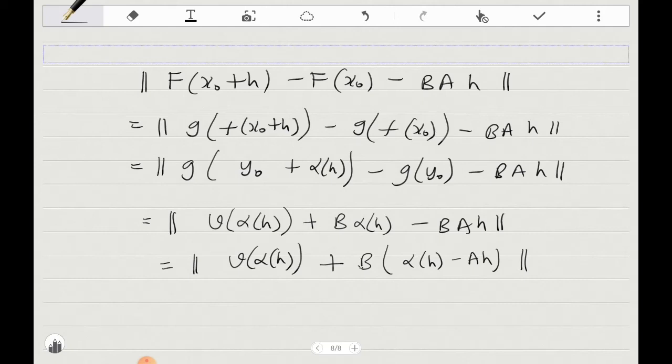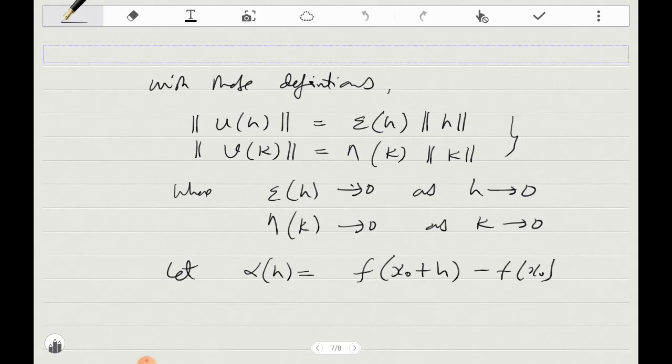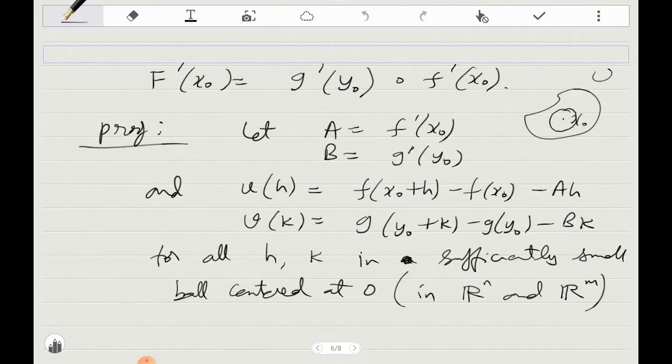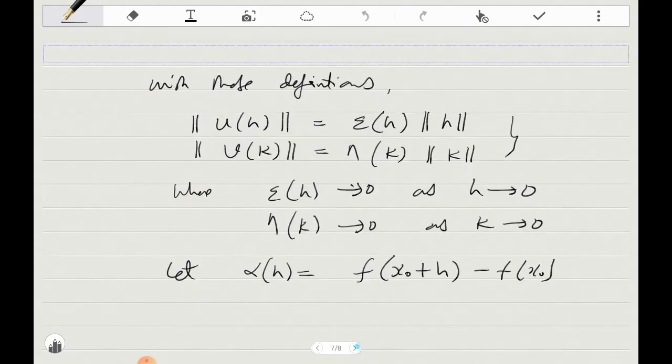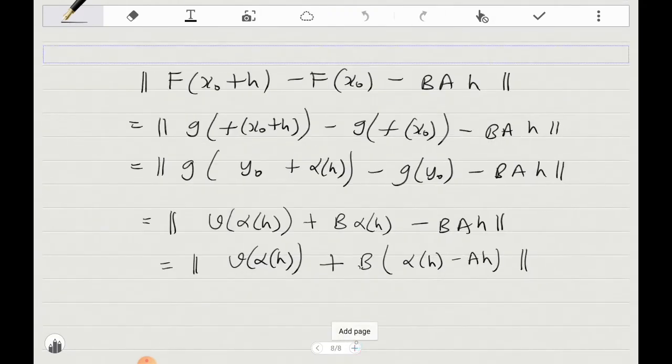Alpha of h was this. If I do alpha of h minus AH, I just end up getting this UH here, this stuff here. So this is just what I called UH.